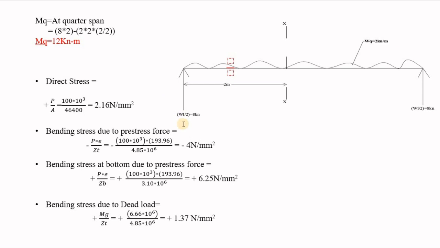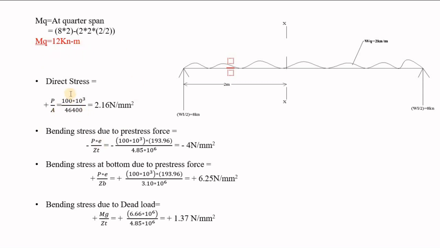So if we substitute 2 into length by 2, we will get 8 kilonewton. So 8 into 2 minus, this UDL is rotating in an anti-clockwise direction, so minus 2 into 2 into 2 by 2. MQ is 12 kilonewton meter. That is the moment due to live load.